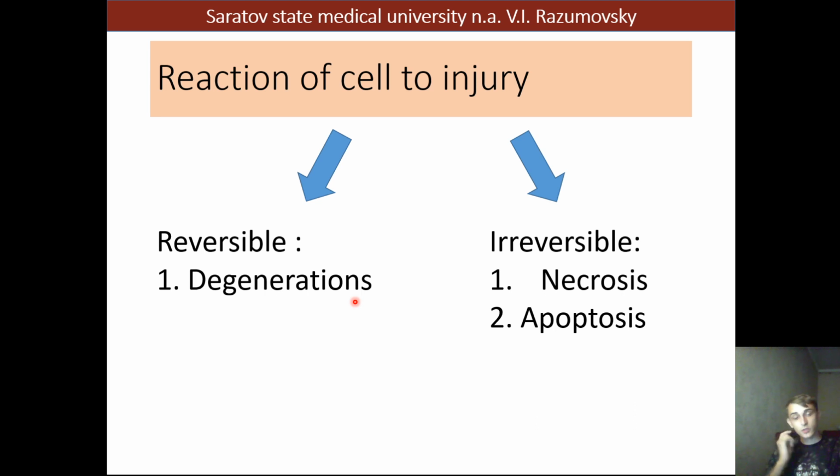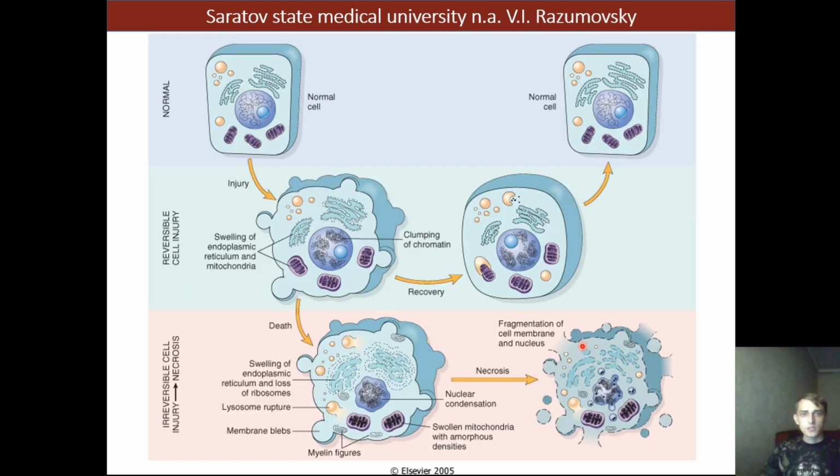But I say right now that not all degenerations are reversible. Some of them are irreversible and lead to necrosis and apoptosis. Irreversible changes and the irreversible reaction we will talk about later, in our third or fourth class. In this slide you can see a scheme of the reaction of a cell to injury.